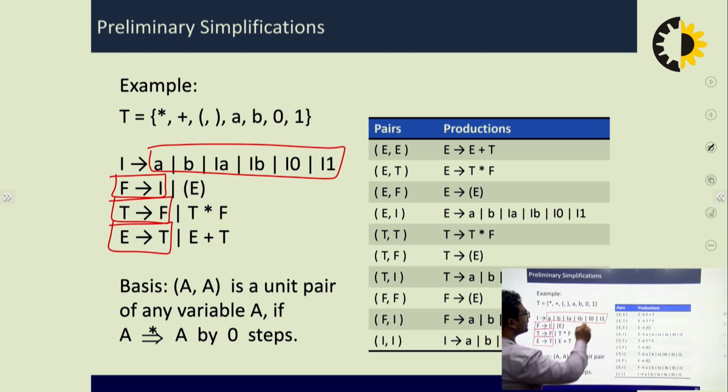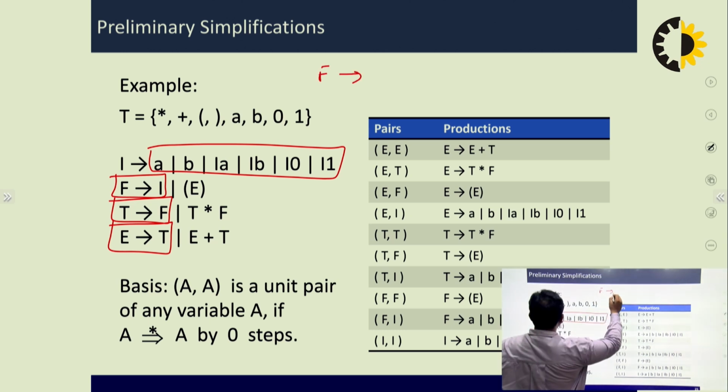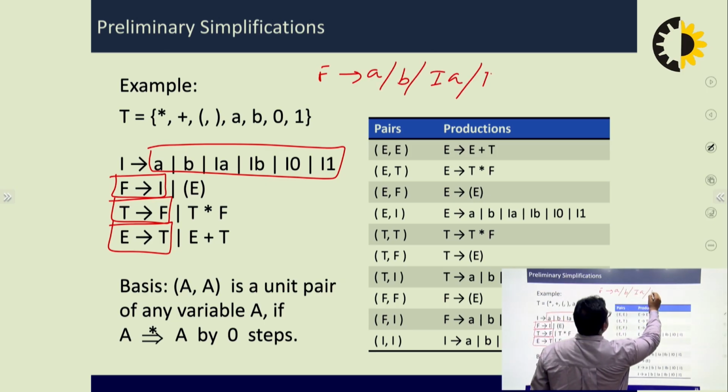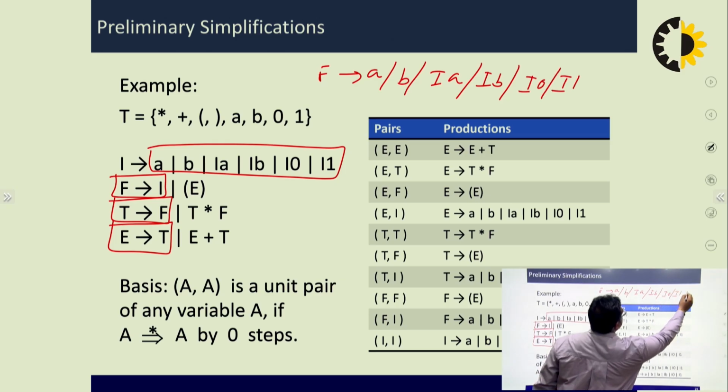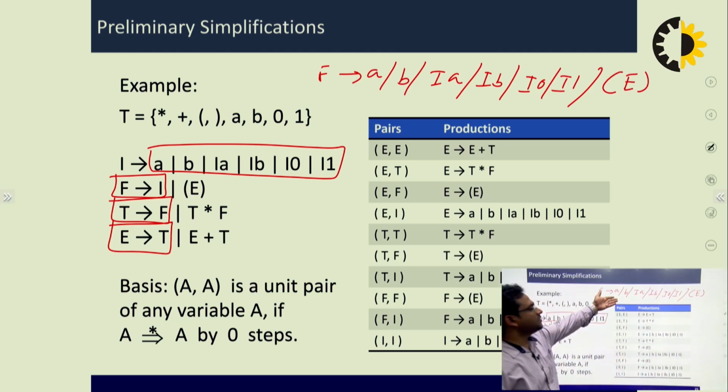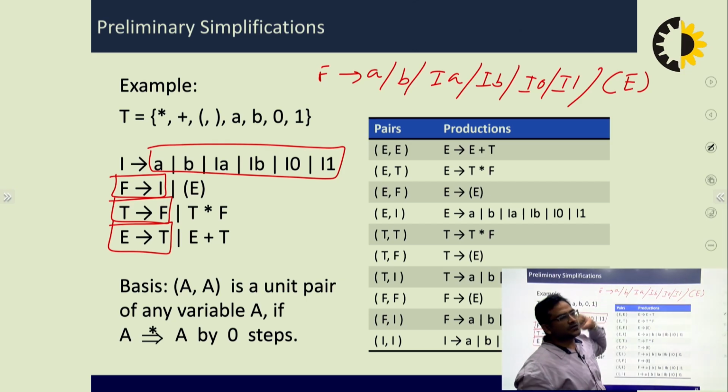What is the final production for F? F tends to A, B, IA, IB, I0, I1, and so on. You can simply replace the value of I in this cell. So F tends to I, the unit production, has been removed and the updated production of F is this one.